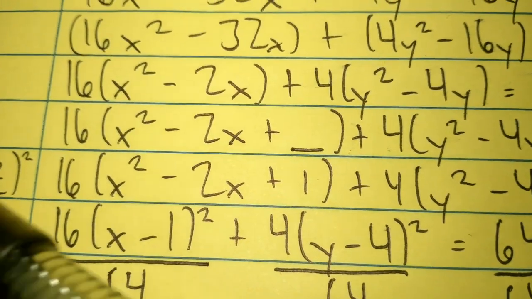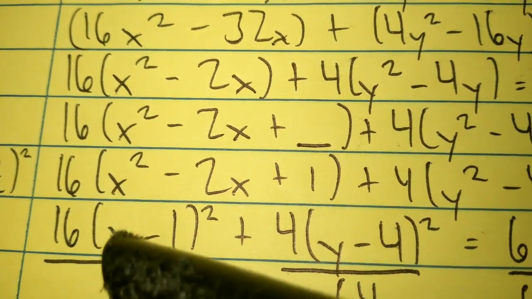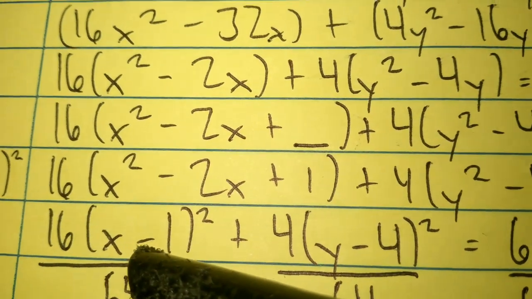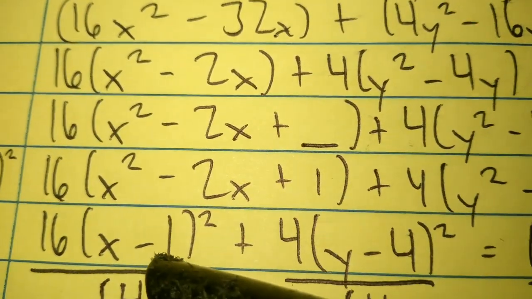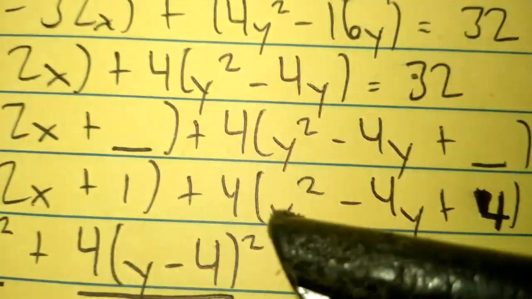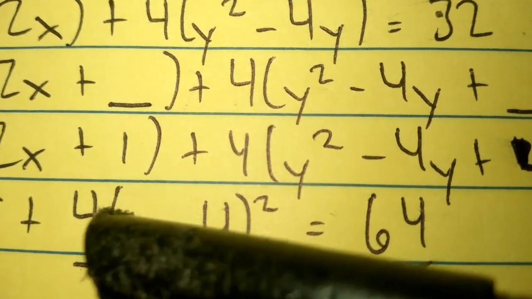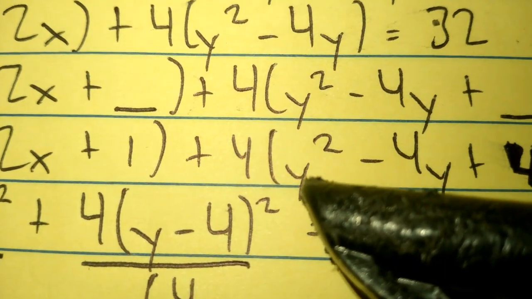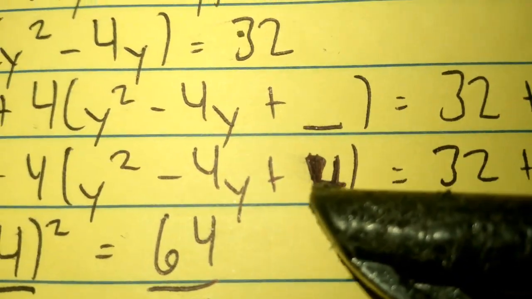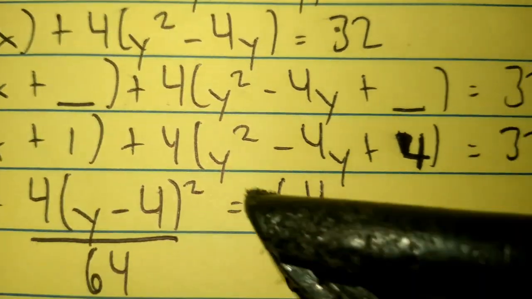We're just going to bring down 16 here and bring down x, copy the sign, and copy the 1, then squared, and same thing, bring down 4, bring down y, copy the sign, and copy the 2 squared, equals 64.